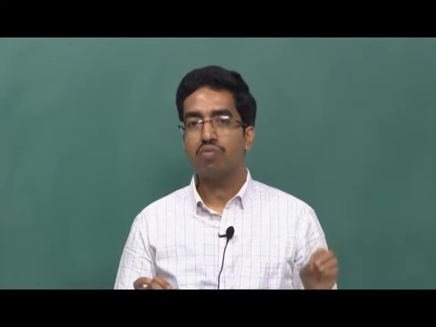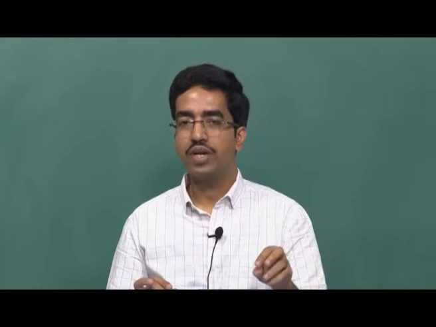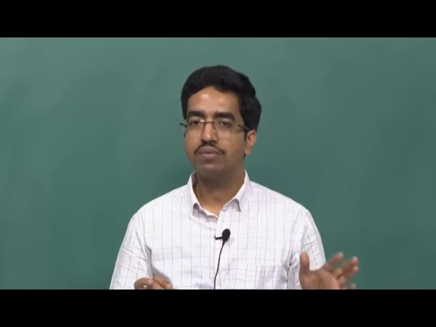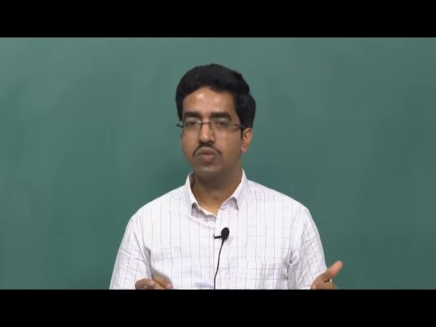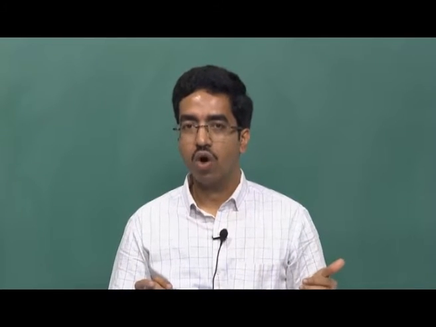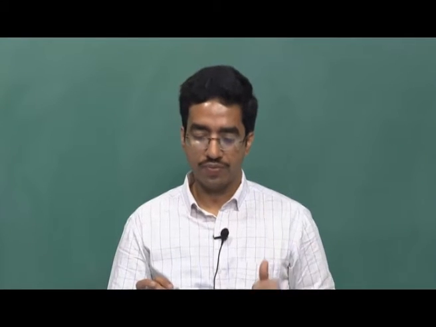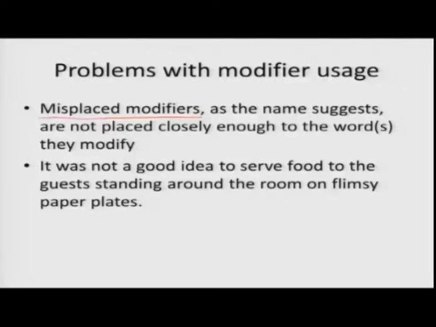You wanted to modify something, but you have placed it somewhere else. Now, it is modifying something else, and as a result the meaning it is conveying is very different or sometimes absurd. Okay.